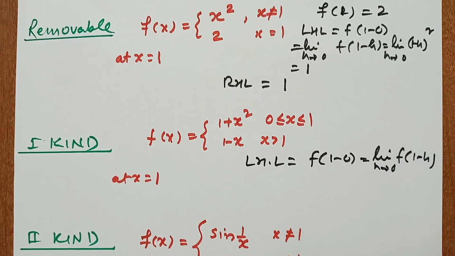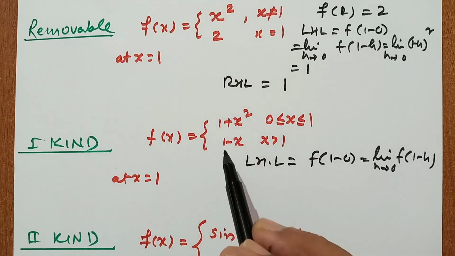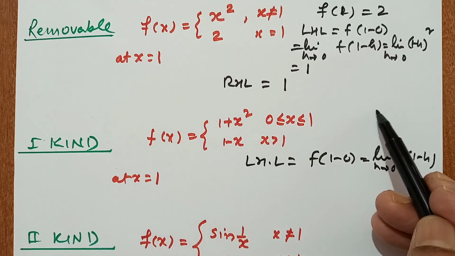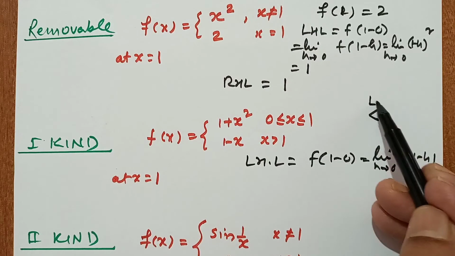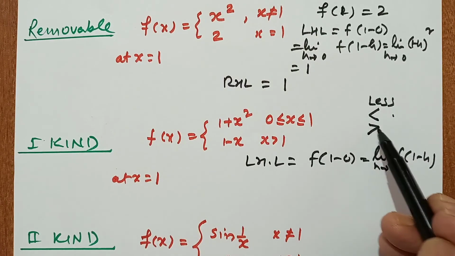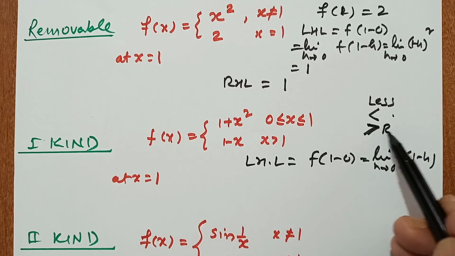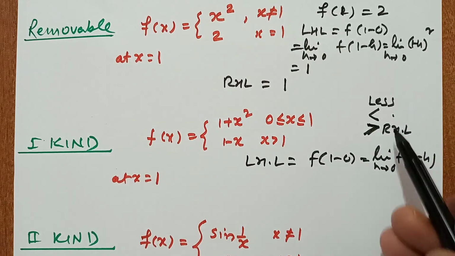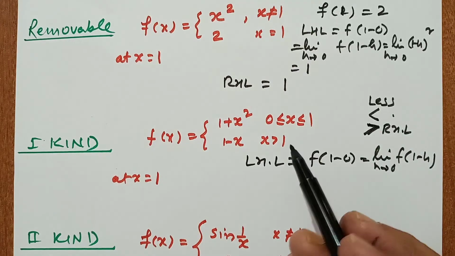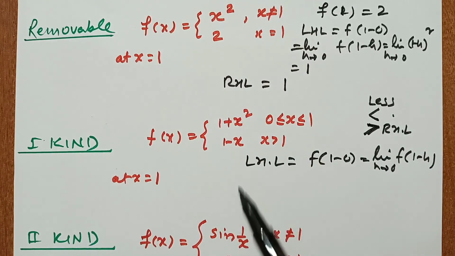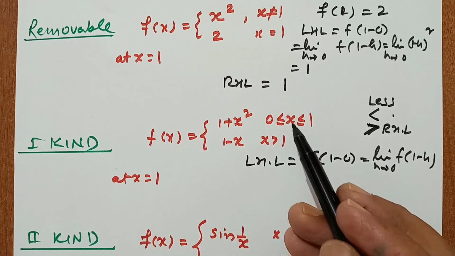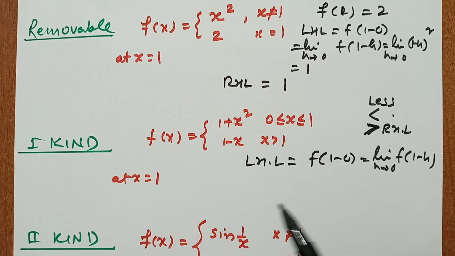You remember there are two functions. In which function do we calculate the left hand limit? For values less than the point we calculate the left hand limit, and for values greater than the point we always calculate the right hand limit. So remember this important thing: if we are given two functions, the one for values less than is used for the left hand limit and the one for values greater than is used for the right hand limit.